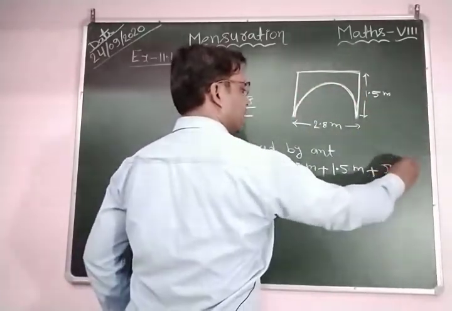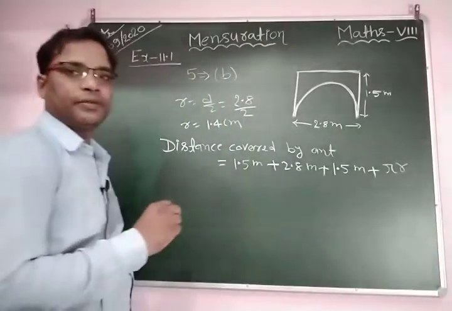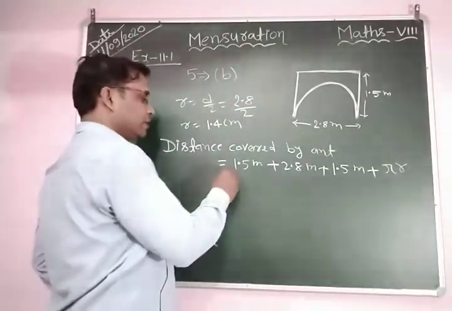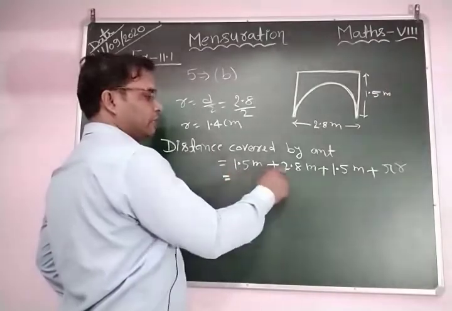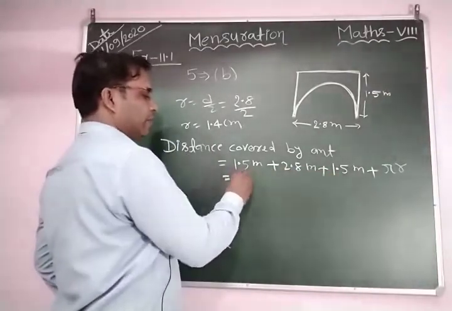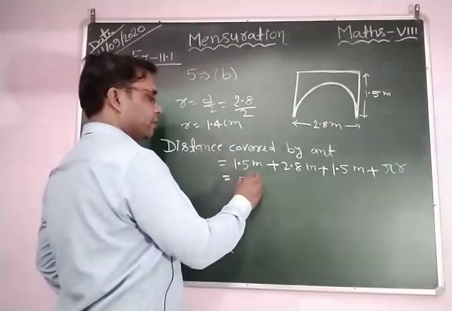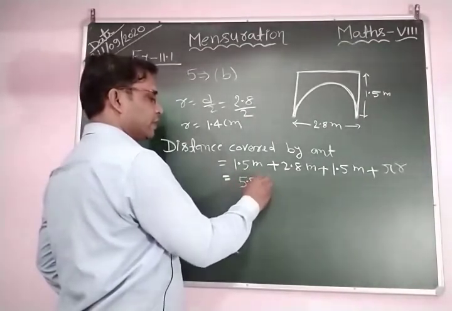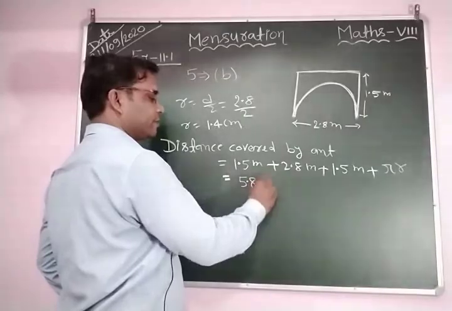You can see this is pi r. Now here 1.5, 2.8, 1.5, this is equal to 5.8 meter.